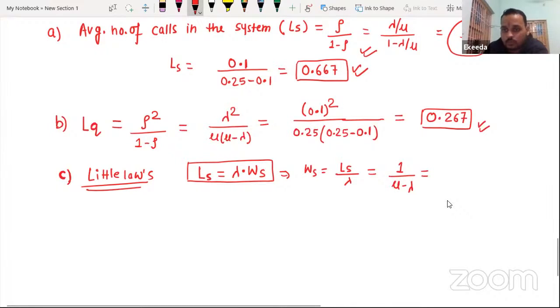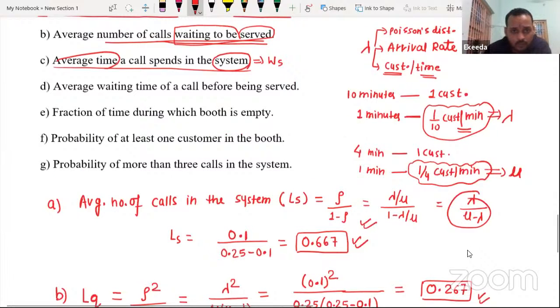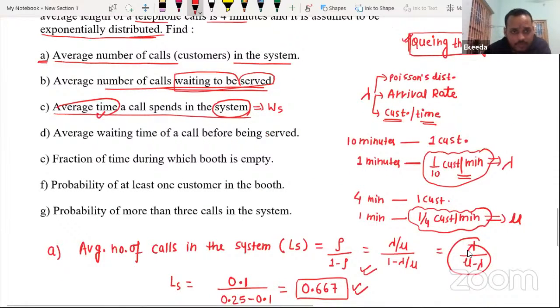Mu is 0.25, lambda is 0.1, so this is going to be 6.67. Very simple. You have to just look at the words: average time, and system.